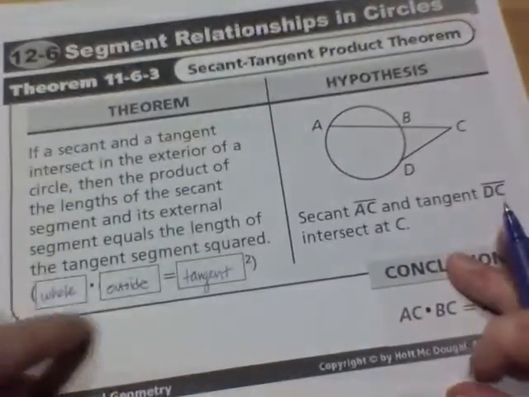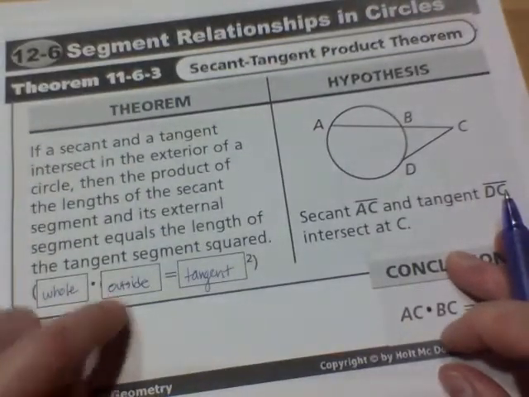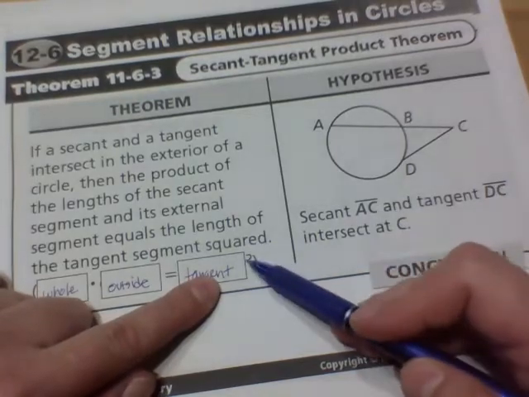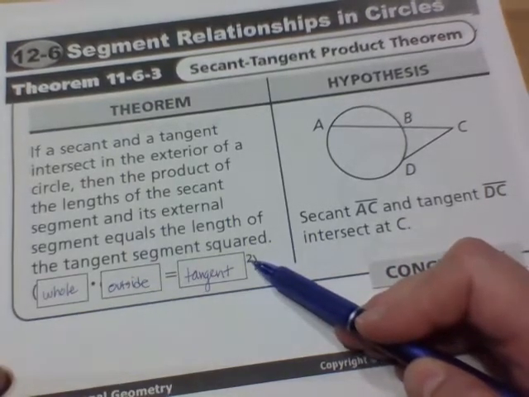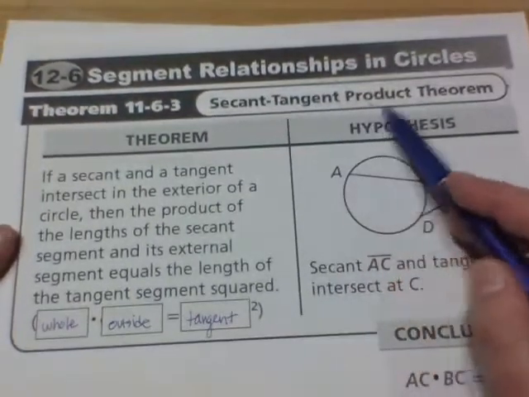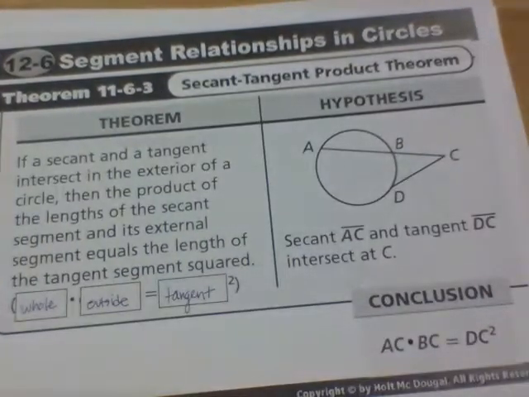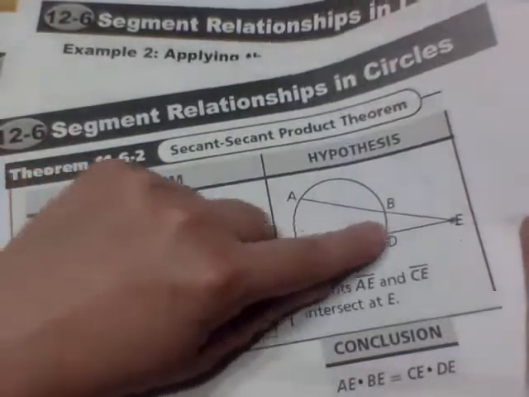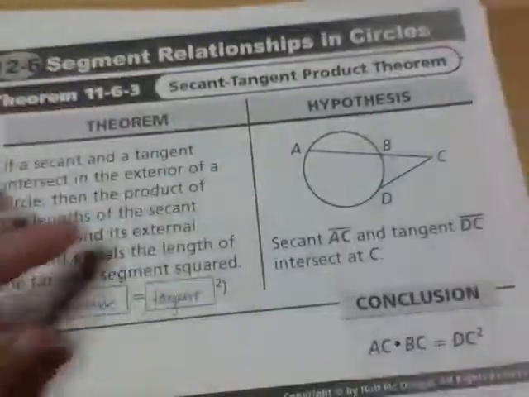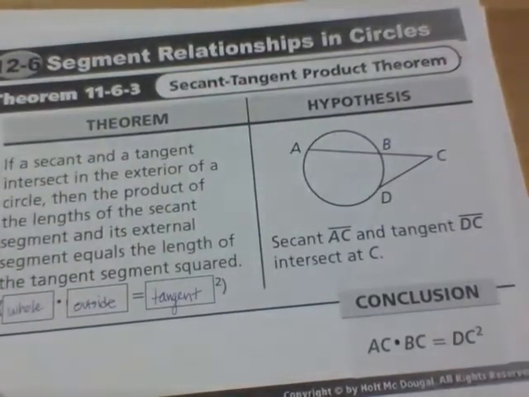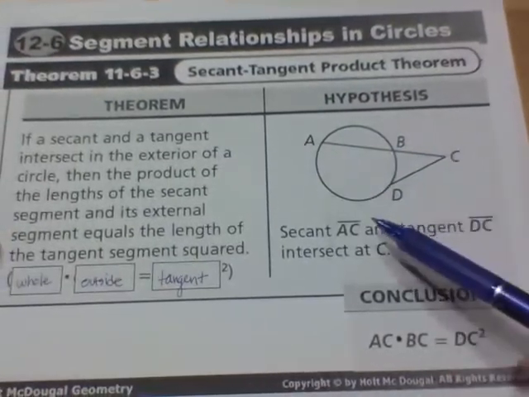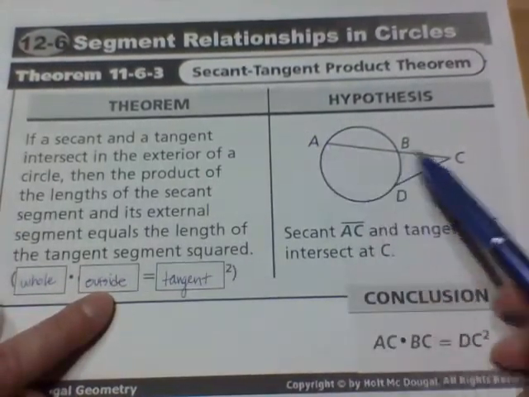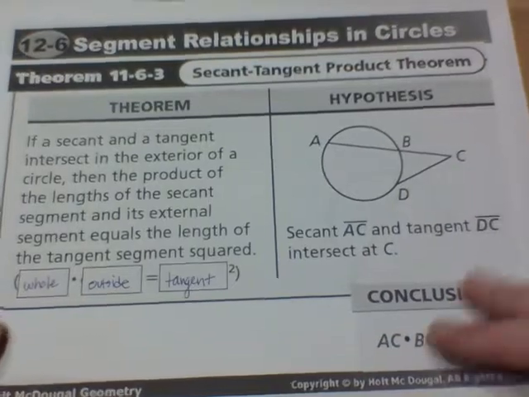Because, of course, we needed to multiply something here, so we need to multiply something here, which is just it times itself. So that's our secant tangent product theorem. So instead of just having two secant segments, we now have a secant segment and a tangent. And so to get that value, we have whole times outside and DC squared.